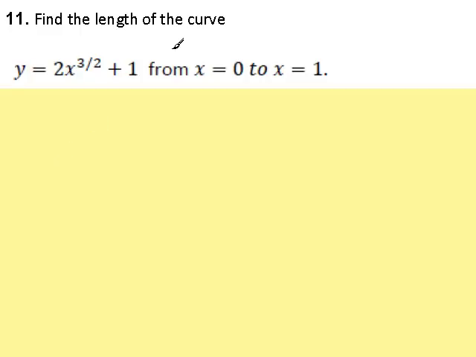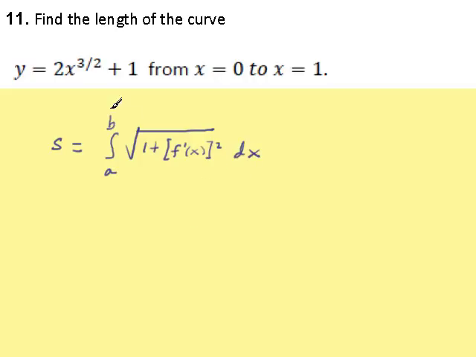Number 11, we want to find the length of a curve. So let's remember the formula for the length of the curve. We're going to integrate from a to b, the square root of 1 plus the derivative squared.